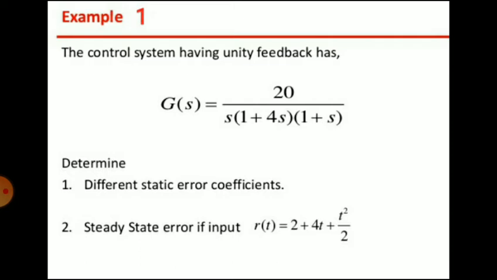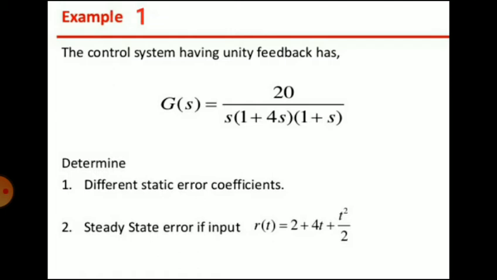For the ramp input of magnitude A, Kv, the velocity error coefficient, is limit s tends to 0 sG(s)H(s), and the steady state error is ESS equal to A upon Kv.